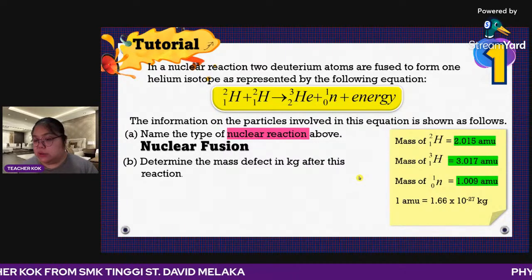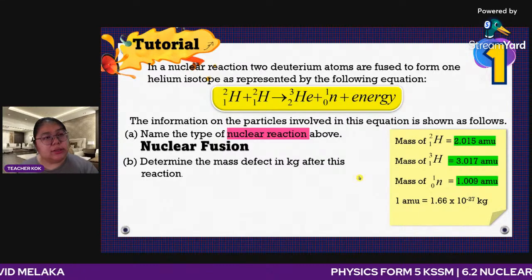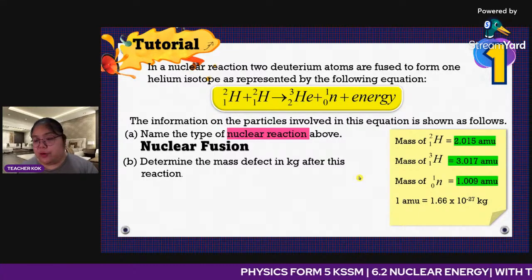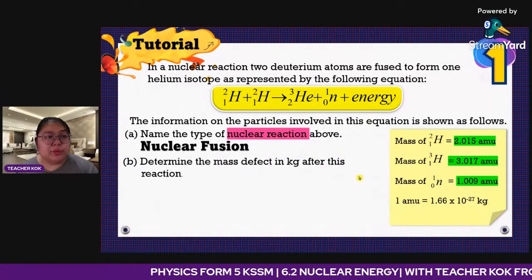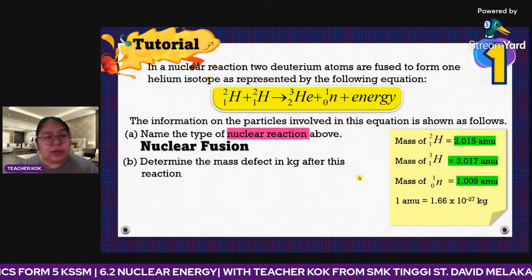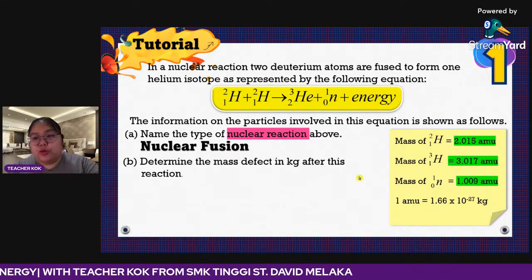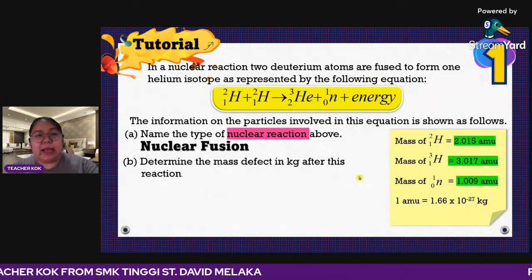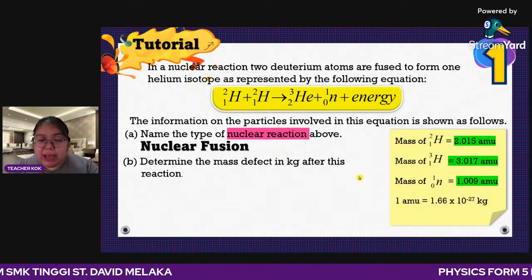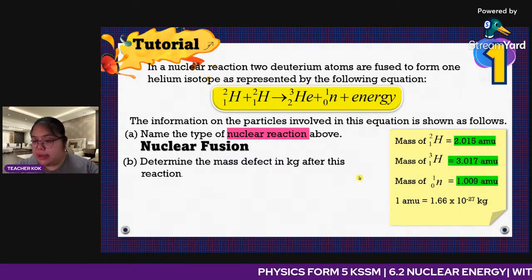The students need to do the calculations for AMU first, then straightforward convert to kilograms. Take the calculator and do the calculations. Don't press wrong. For the AMU, all the masses must use the full number. Don't cut it. Okay, mass defect.